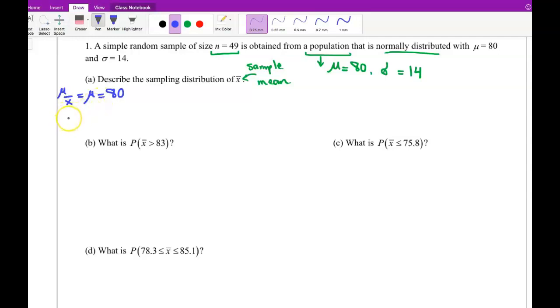Okay, then we have the standard deviation of the sample mean. That is equal to the population standard deviation divided by the square root of our sample size n. So the standard deviation here is 14 divided by the square root of the sample size, which is 49.